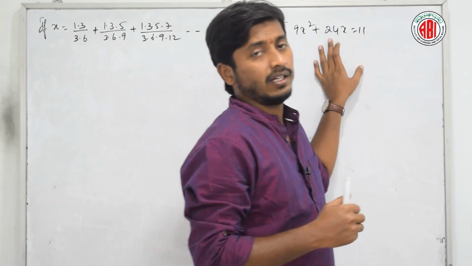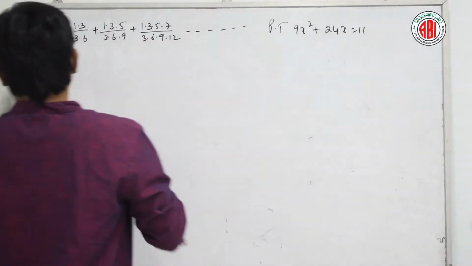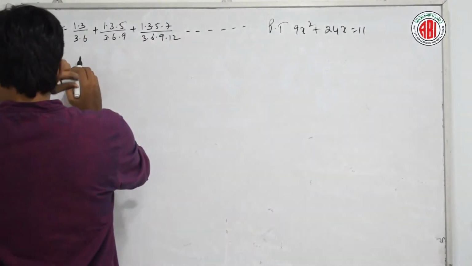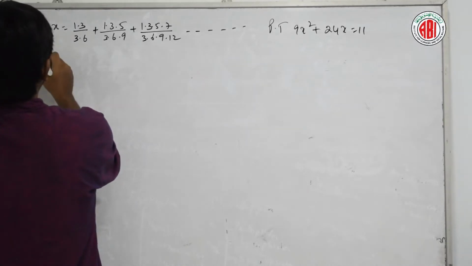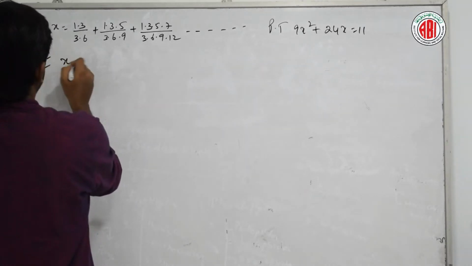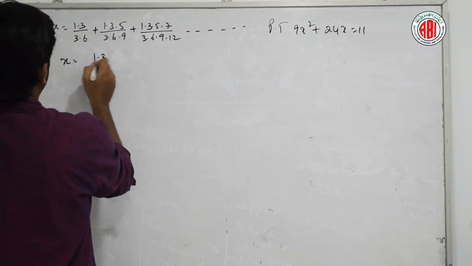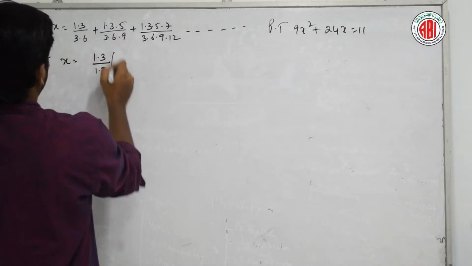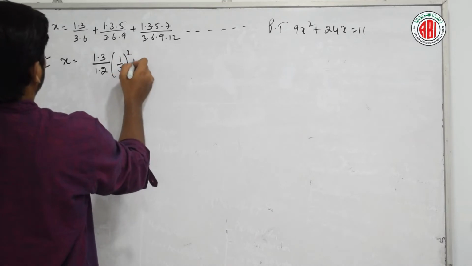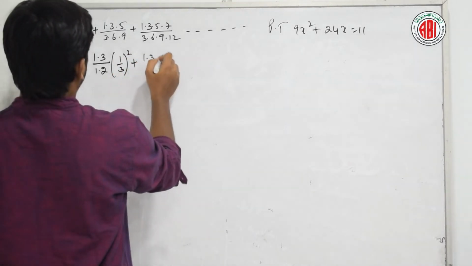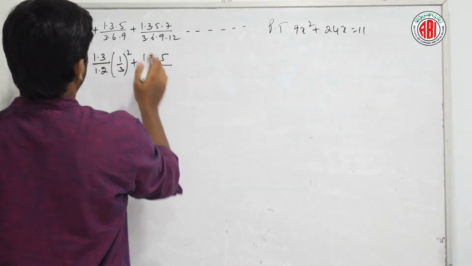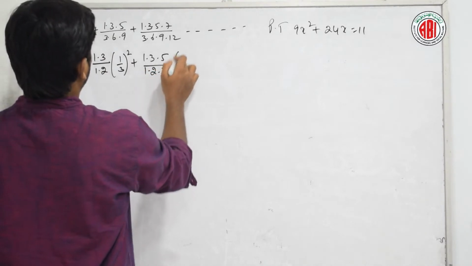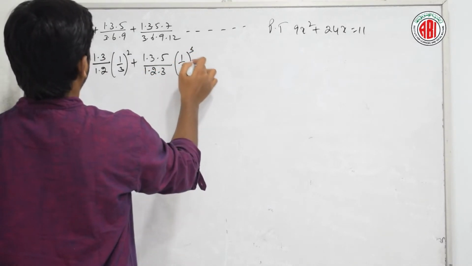Is it fine? Okay, now see here, the question is given as 1·3 by 3·6. So how do we segregate it? We'll write it as 1·3 by 3·3·2, so that will be 1·3 by 2!, into 1 by 3 square. Plus 1·3·5 by 3!, into 1 by 3 whole cube.